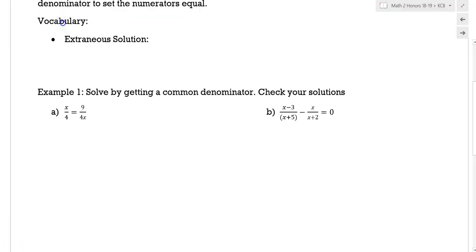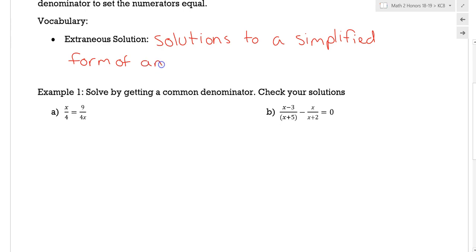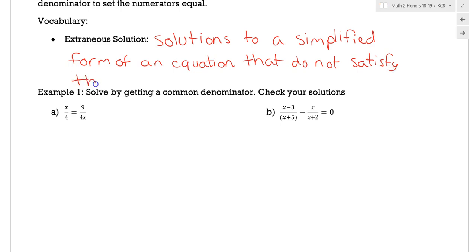They are solutions to a simplified form of an equation that do not satisfy the original equation.